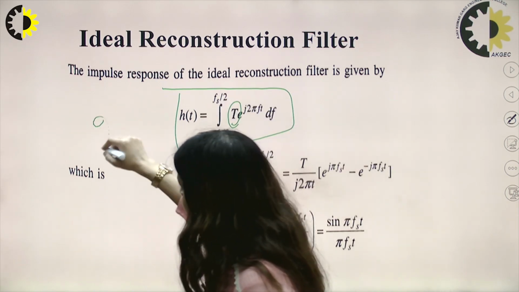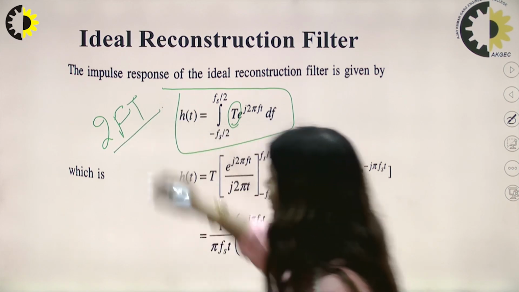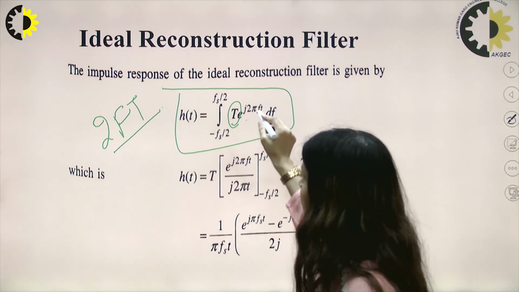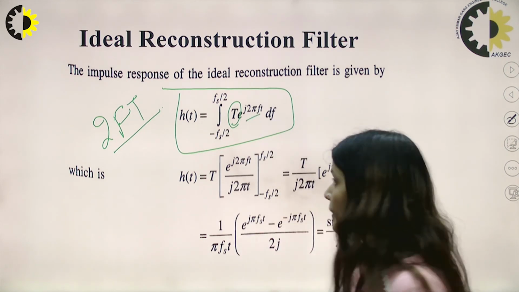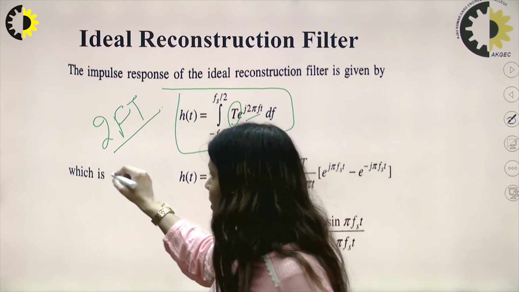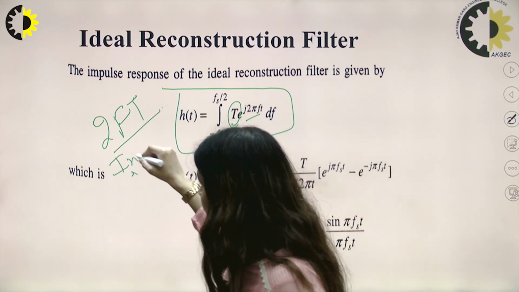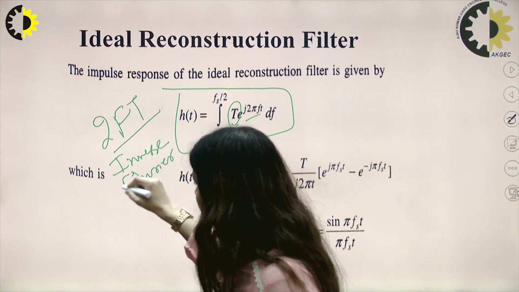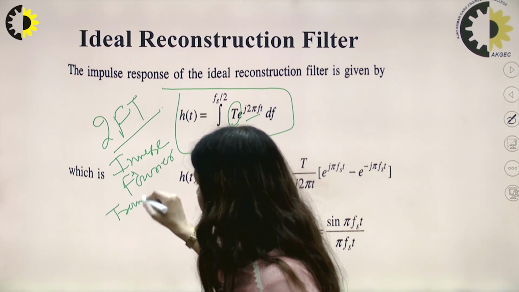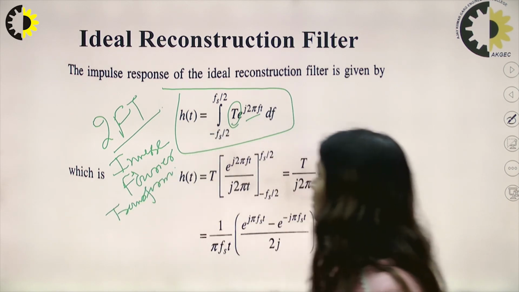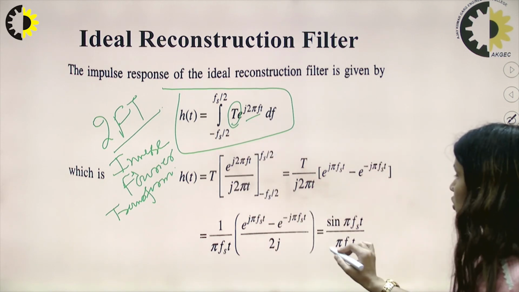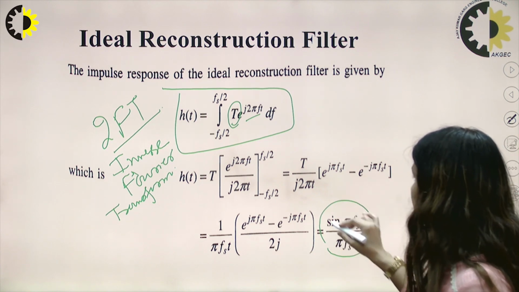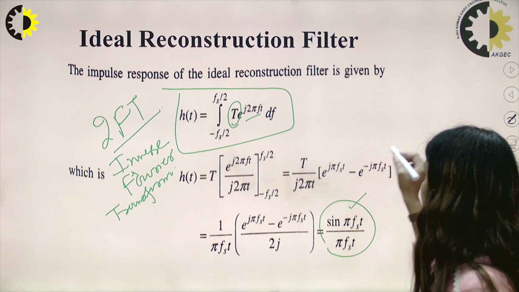What I am doing here is taking the inverse Fourier transform, so we apply e raised to the power j omega t. After solving, I am not going into the details, and putting in the limits, we get a sinc function.